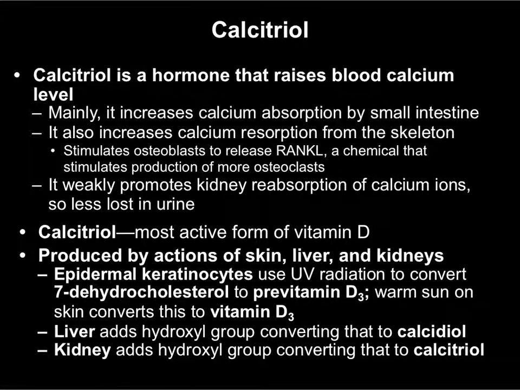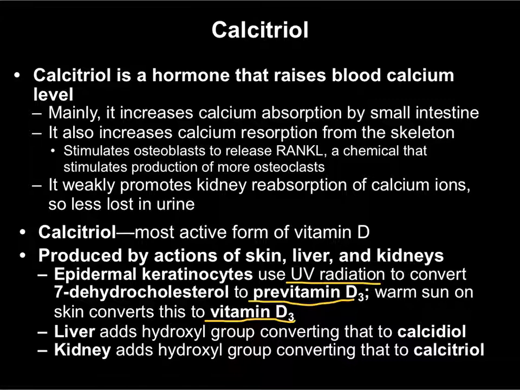They use UV radiation and that converts 7-dihydrocholesterol to pre-vitamin D. You don't need to know 7-dihydrocholesterol to pre-vitamin D. You just need to know that the UV is going to stimulate pre-vitamin D, and then the warming effect of the sun on the skin is going to convert that to vitamin D3.